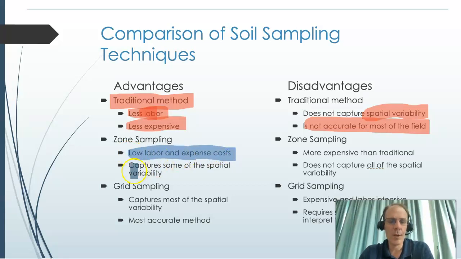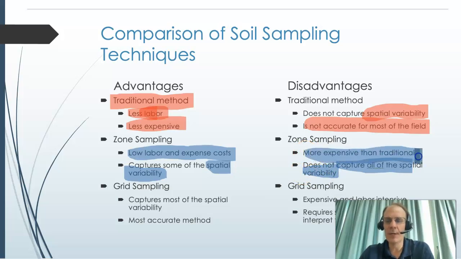We do capture some of the spatial variability, but we don't capture all of it, and zone sampling will be more expensive than traditional sampling. But it does have the advantage of capturing some of the spatial variability and does an overall good job.